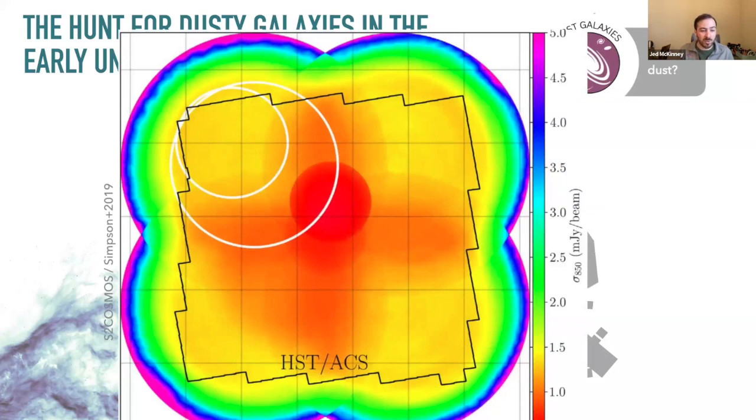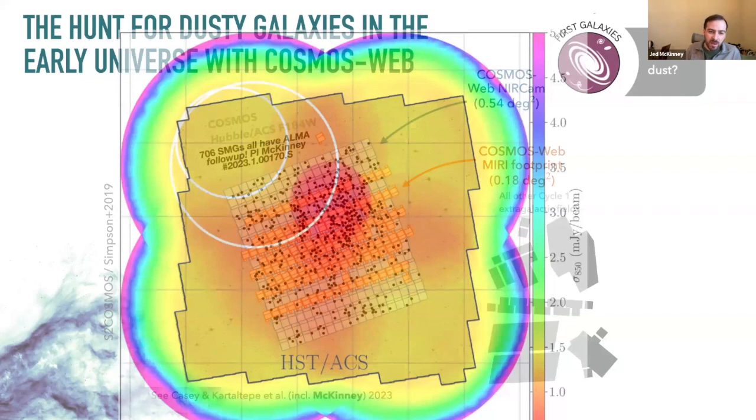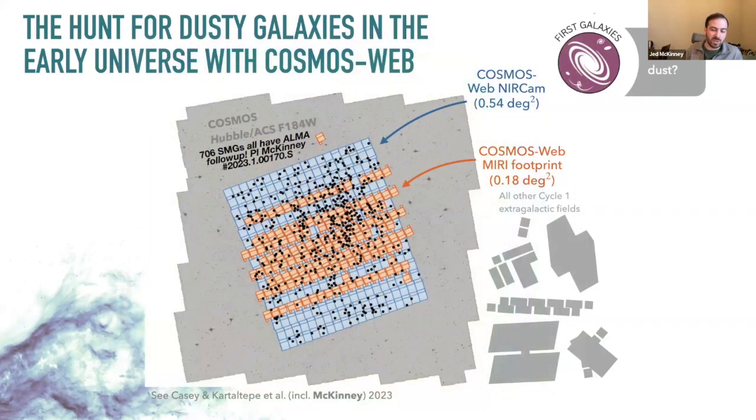Here I'm showing the S2COSMOS map. It's the SCUBA-2 map at 850 microns, surveying the COSMOS field. If you go into this data set and pull out all of the sources that you find, there are about 706 SMGs within the JWST coverage of COSMOS-Web.